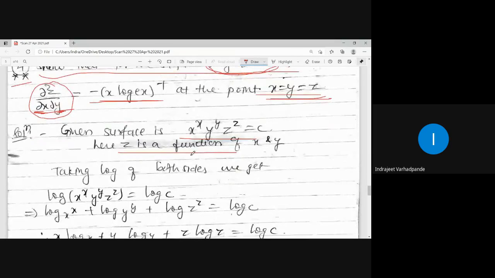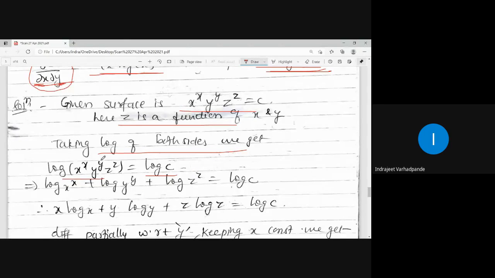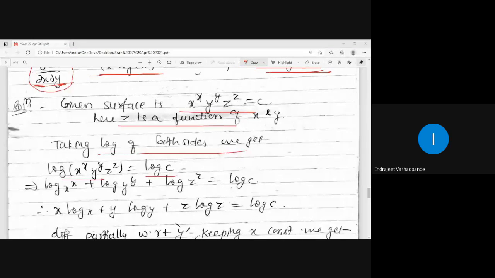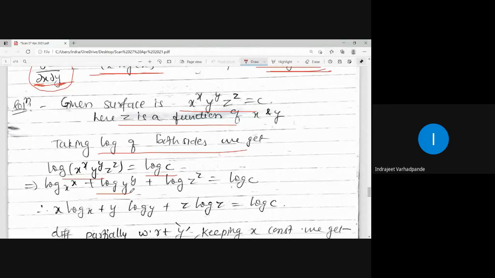So to remove such exponential terms, I take log of both sides. Log of LHS is equal to log of RHS. Log of m into n is log m plus log n. So log of x to the power x, y to the power y, z to the power z is log of x to the power x plus log of y to the power y plus log of z to the power z is equal to log c.